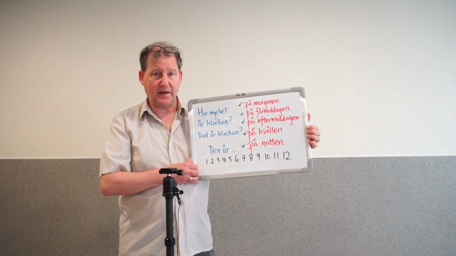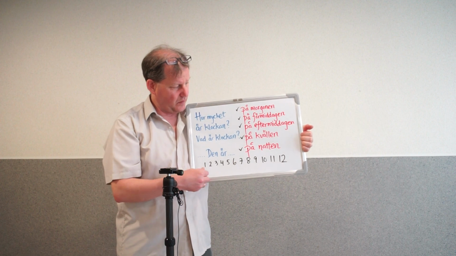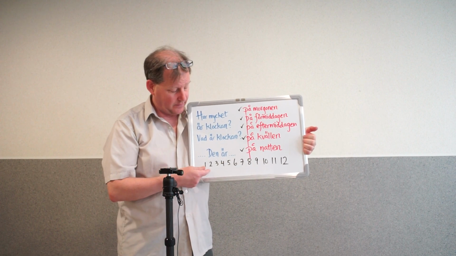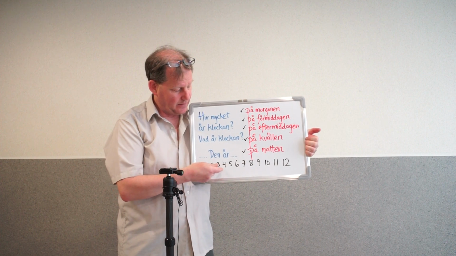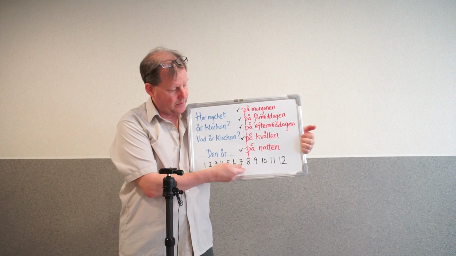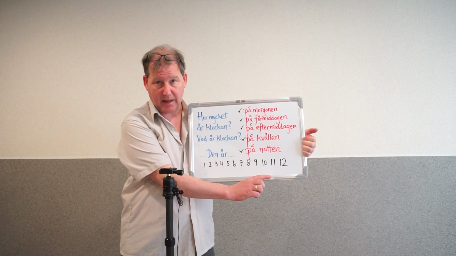And for telling the time, the easiest is to know at least the full hours. 1, 2, 3, 4, 5, 6, 7, 8, 9, 10, 11, 12.